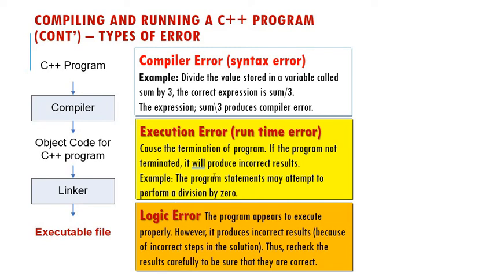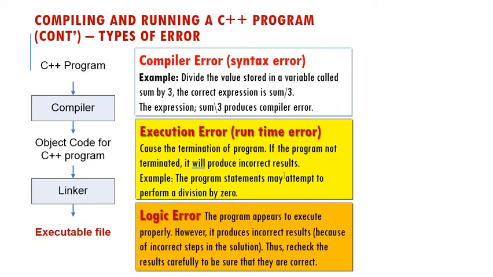This condition will terminate your program. Because in mathematics, if you divide any number by 0, you get infinity. But in computer programming, it will cause the termination of the program. So this condition we know as an execution error.